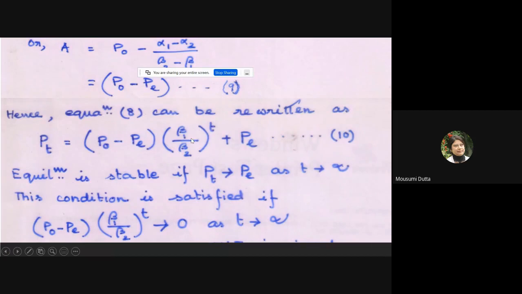So in that case, you will get a monotonic time path. So if this ratio is positive, you will not get fluctuations around the mean. Rather, you will get either the path moving towards equilibrium or moving away from the equilibrium. So it can be monotonic convergent, it can be monotonic divergent. However, the path will be monotonic in nature if beta 1 by beta 2 is positive.